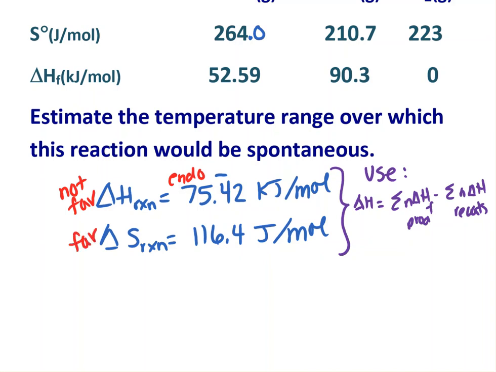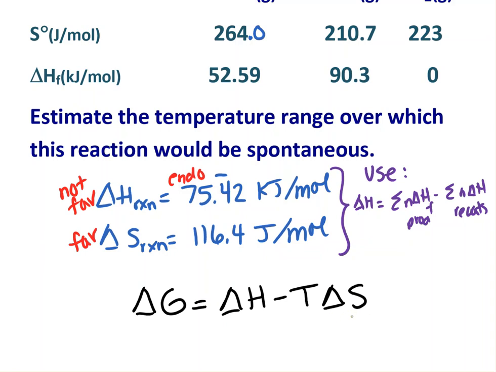And so if we think of our equation, what we're saying is that the entropy is favorable for spontaneity. This one is not. So we're going to need to have a temperature that will make this term larger so that overall it will come out negative.